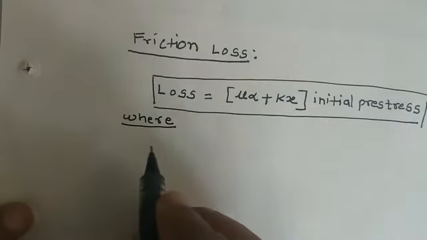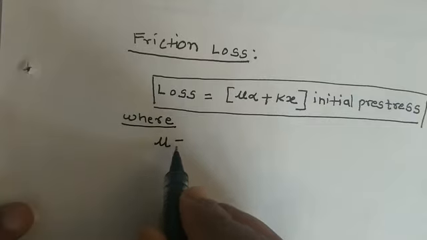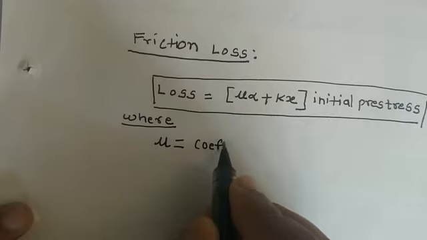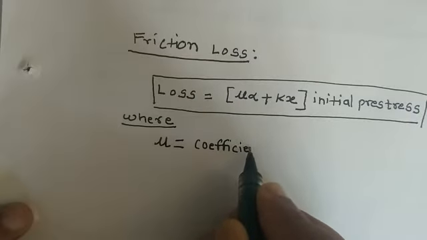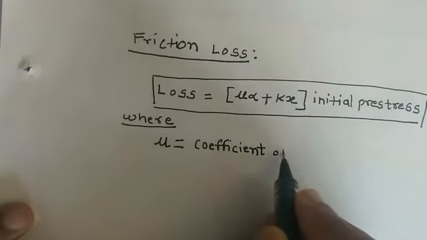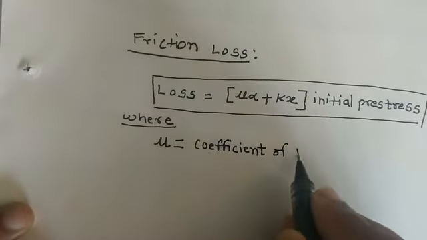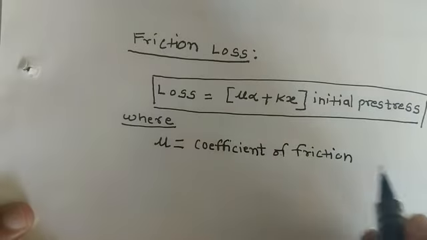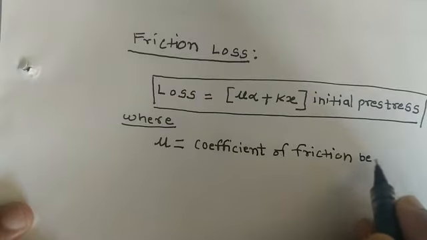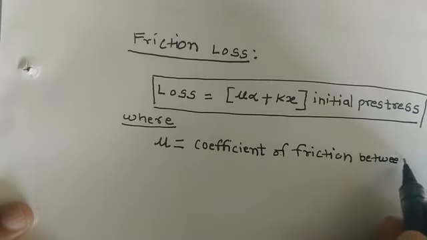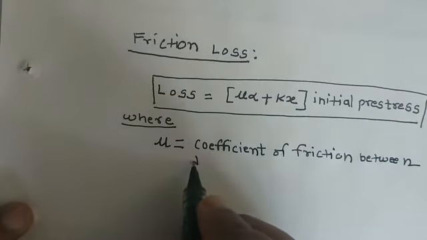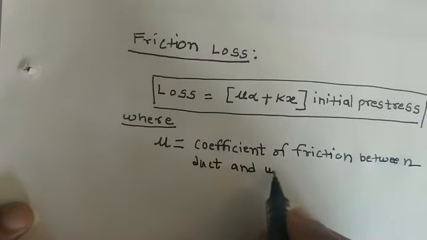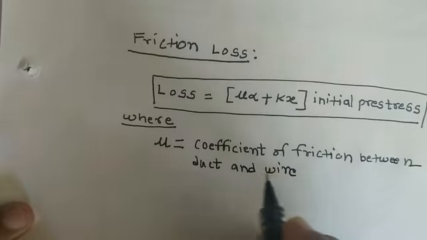Where mu is equal to coefficient of friction between duct and wire.